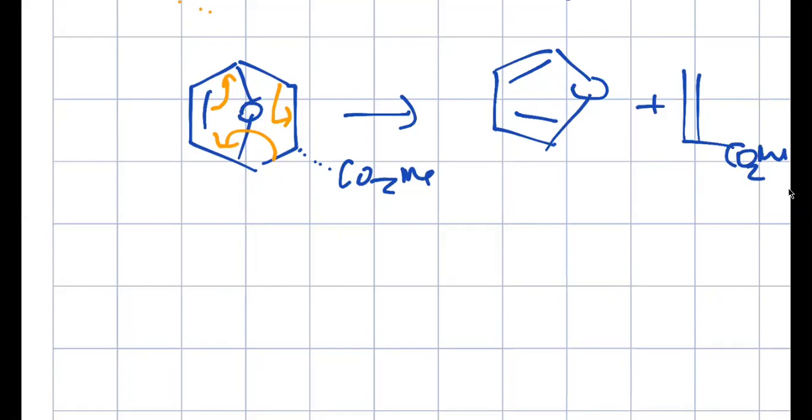That's my diene and my dienophile. Wait, is that a wedge or a dash? It's a dash. Okay. All right, I'm starting to get it done.